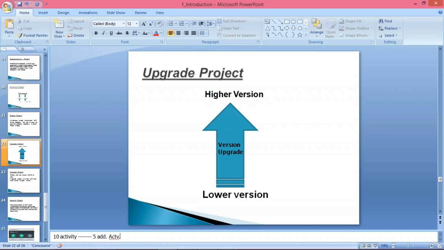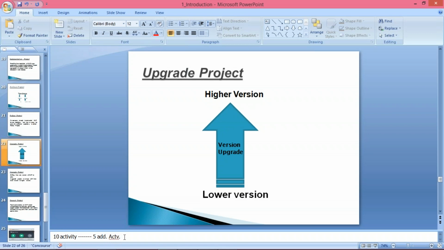So during upgradation, once the upgradation is completed, we have to perform testing also. What are we going to test? At any cost, the 10 activities which were there in the earlier, old version, we have to deliver. And apart from this, the new five activities which we have explained, those also we have to test.